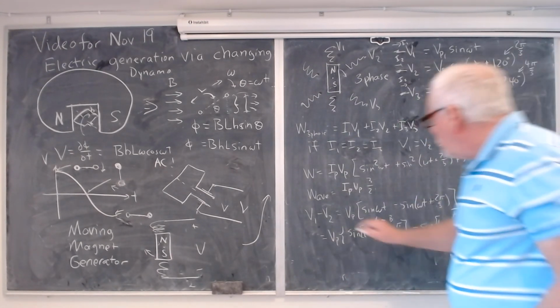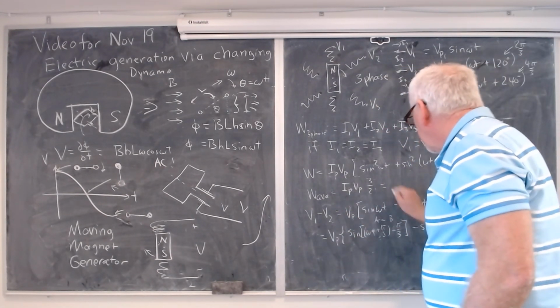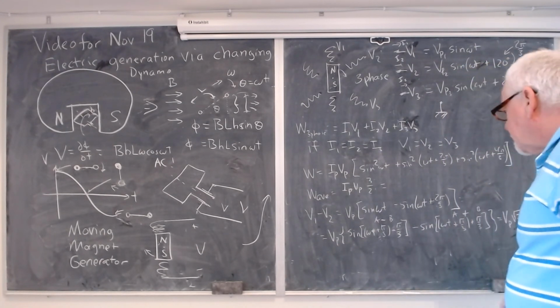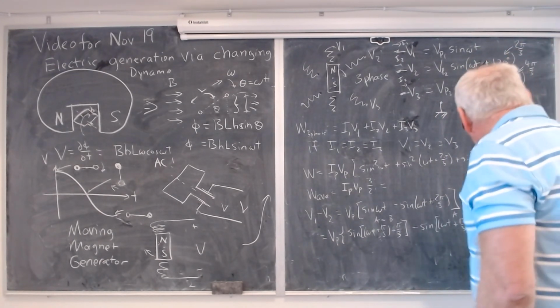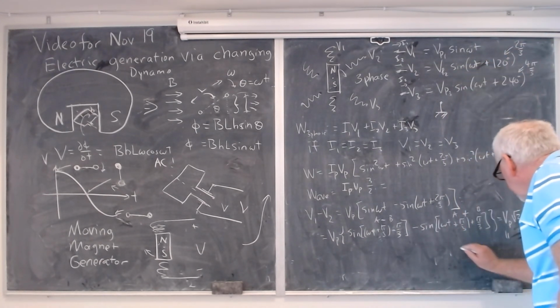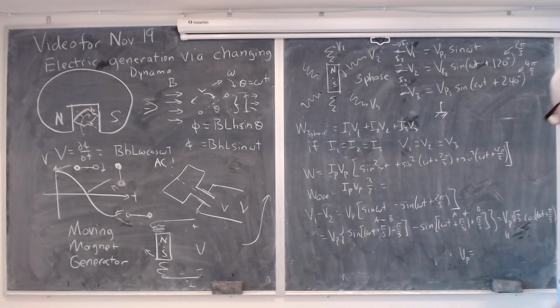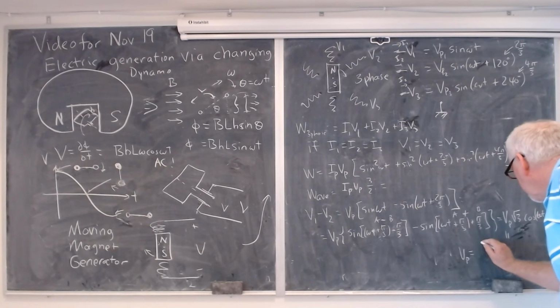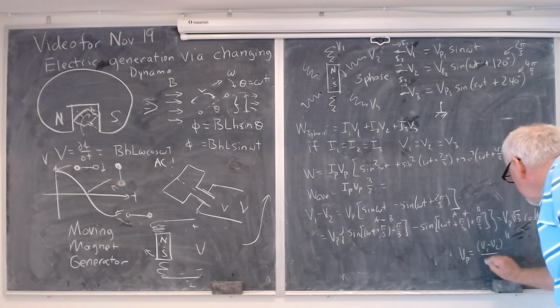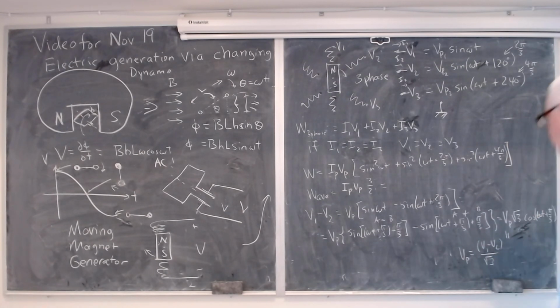And so going back, I can write that VP, the peak voltage on one of the phases, is equal to V1 minus V2 over root 3.